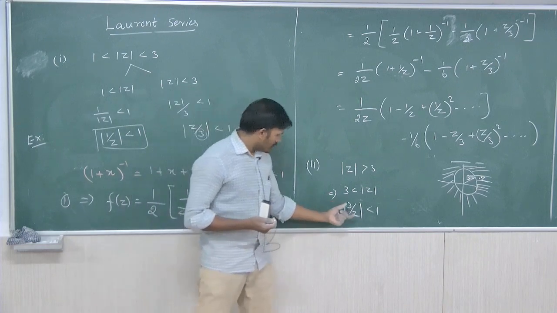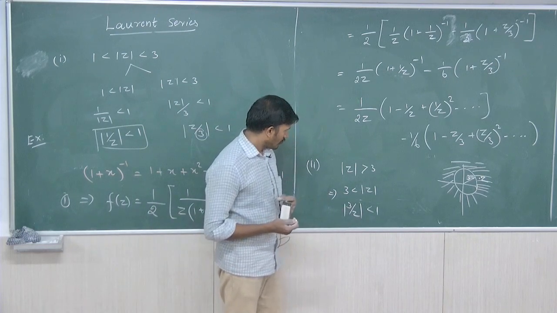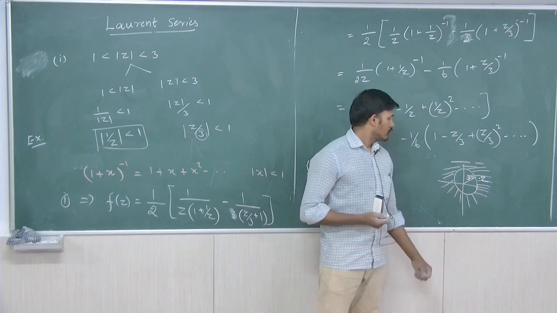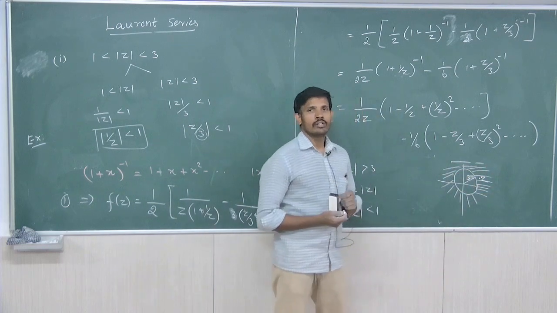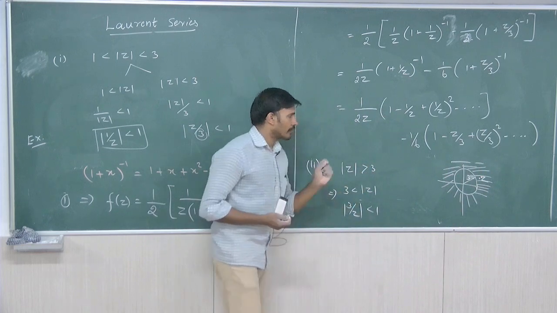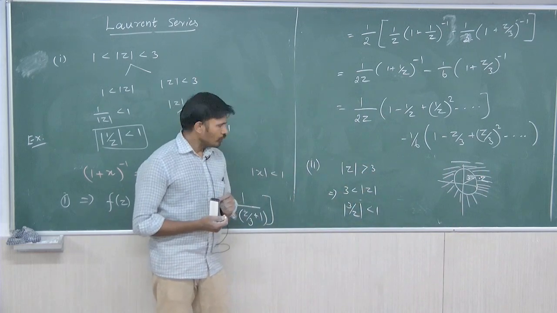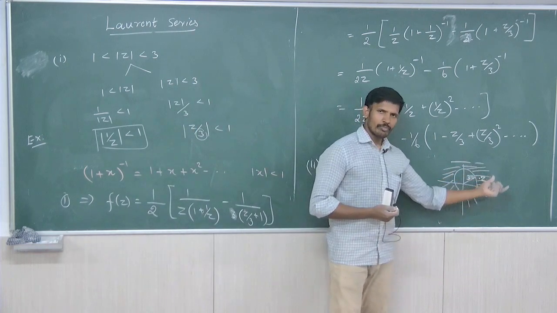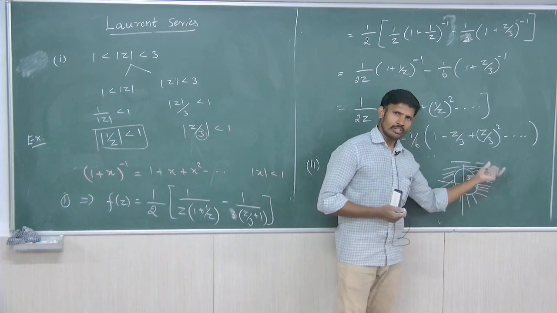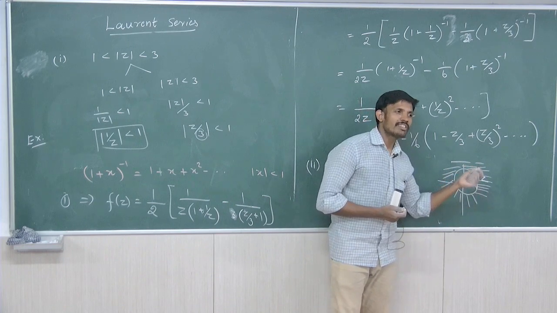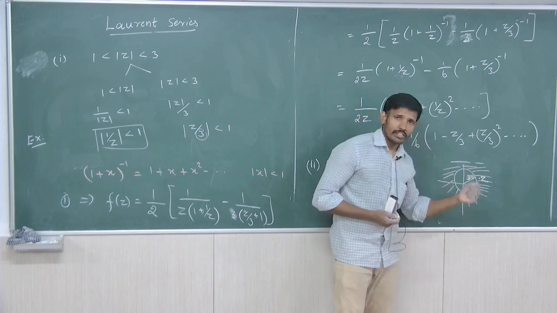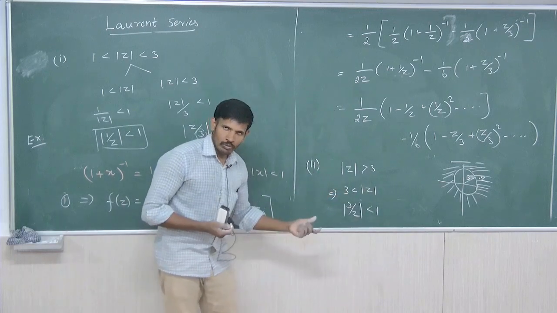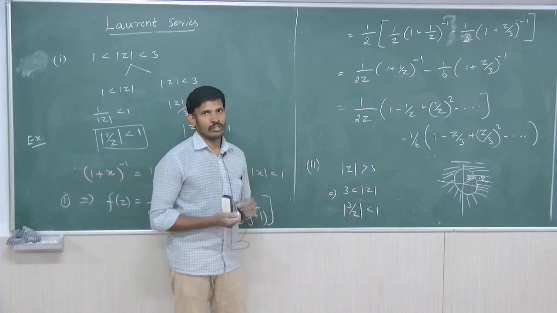So suppose you take z outside the circle, what is the value of z? It may be more than 3, right? If you take 3.5, what is the value of 3 by 3.5? That value is less than 1.